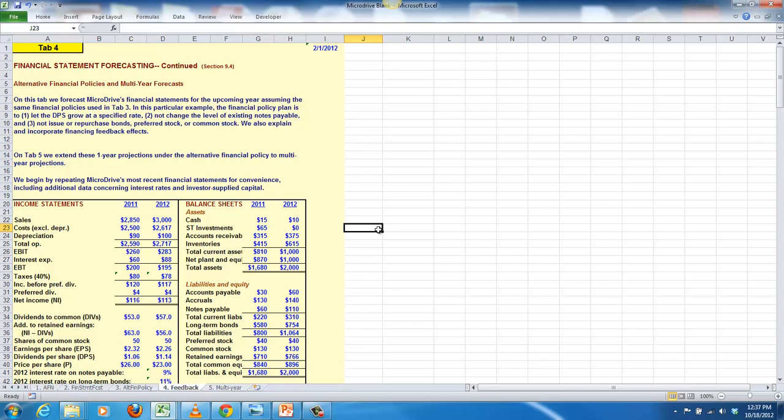Last time I described this as an iterative process. Your textbook and really the industry standards are to kind of estimate the effects. There's a number of different ways to estimate the effects of the financing feedbacks. There's one called the 0.5% method.